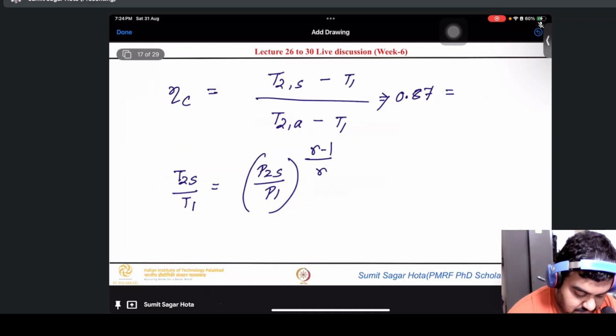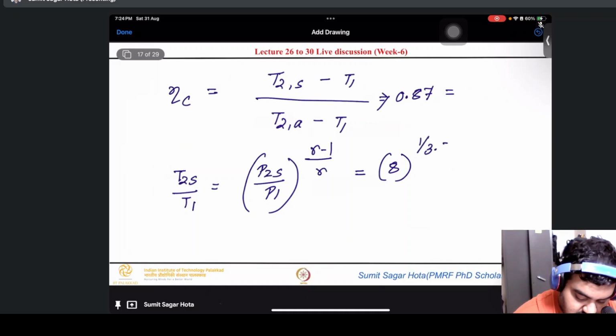So P2s by P1, which is the pressure ratio, what is the value? That is 8. We already know the pressure ratio is 8, and gamma minus 1 by gamma we can write down as 1 by 3.5. So this is your 8 to the power 1 by 3.5.